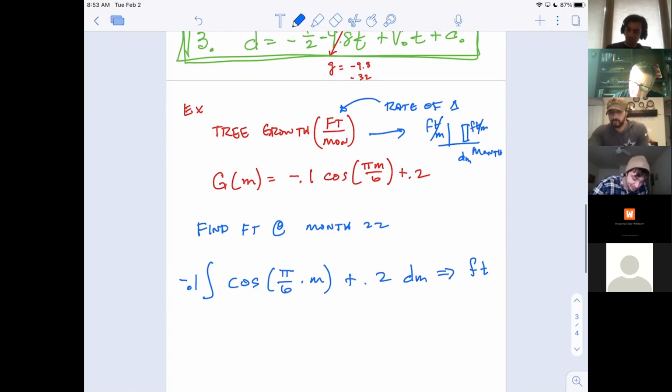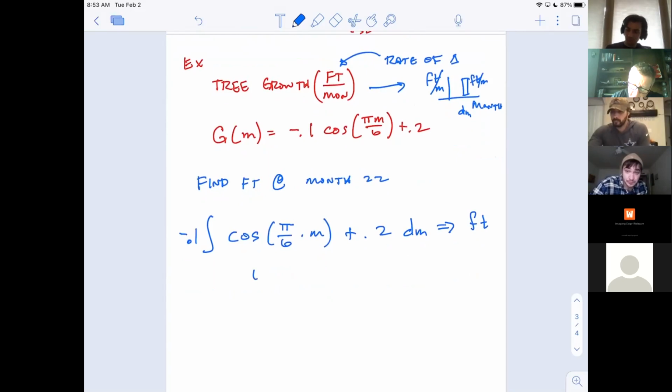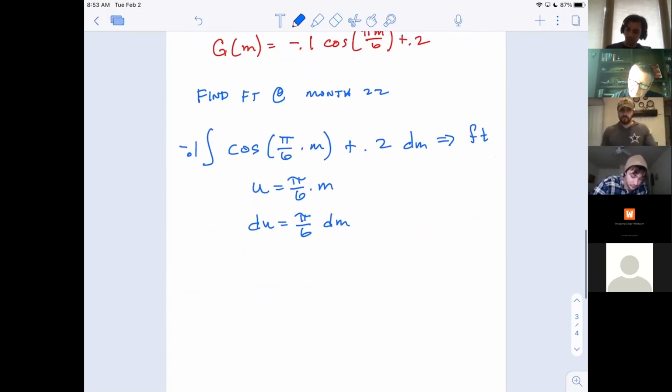So, okay, I'm a little worried I'm going to screw up that junk. So I'm going to let u be equal to pi over 6 times m. That means du equals pi over 6 dm. And because of this plus sign, I'm actually just going to worry about this right now.